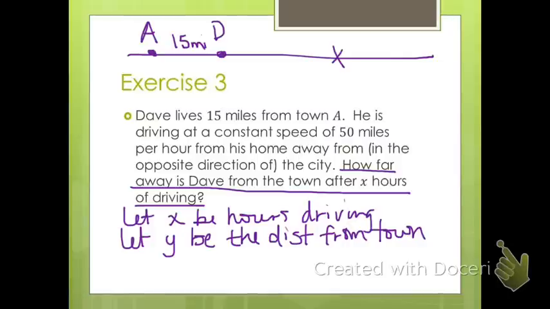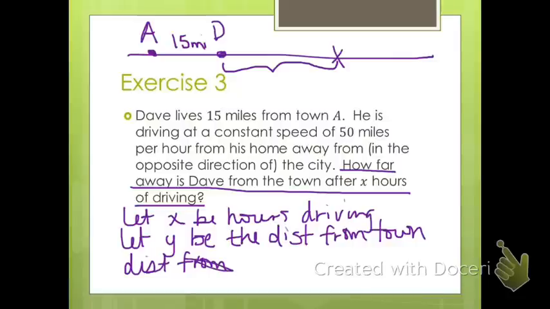Okay, so because Dave is traveling in a direction like this, away from his house and away from the town, we would say that this would be the distance traveled. But Y is our distance from town. So how can we write the distance from... Oops.